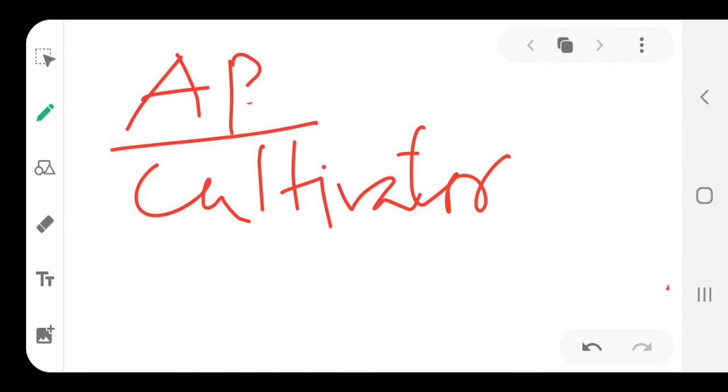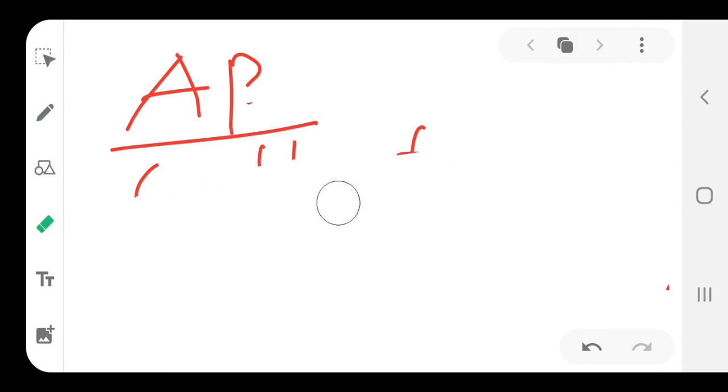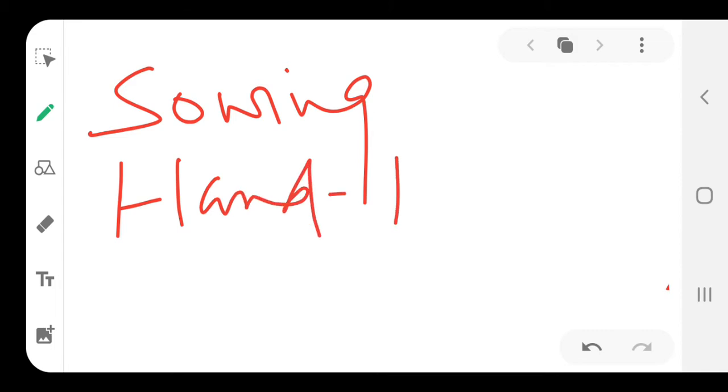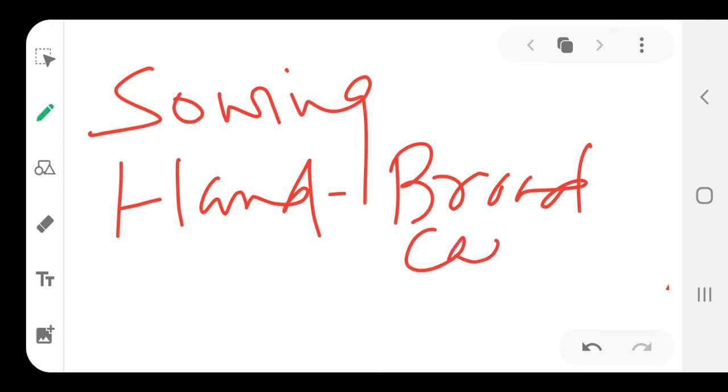So after you plow and till the field, naturally you have to go for putting the seed into the field under the heading called sowing. Okay. Now this sowing can be done with the help of machine as well as with the help of hand. If it is done with the help of hand, we call it broadcasting. Underline that word or write it down. Broadcasting means putting the seed into the soil with hand.